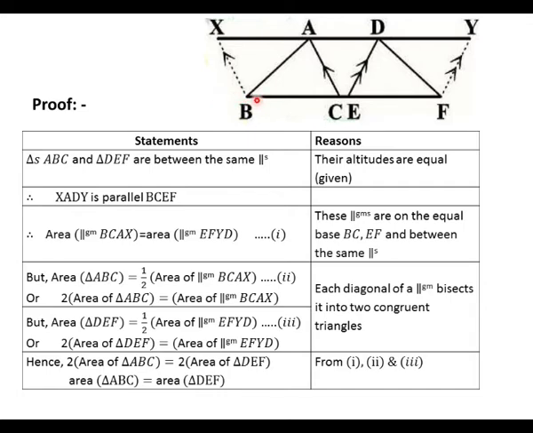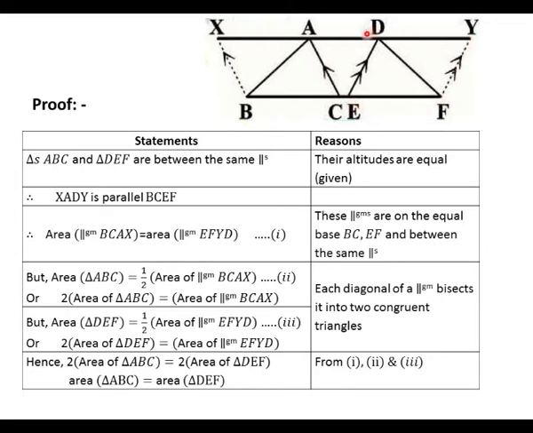So this is BCAX, a parallelogram with the base BC, and EFYD is another parallelogram with the base EF, and we know that BC is equal to EF. Why is BC equal to EF? Because these two are the bases of the given triangles, and it is given in the statement that both triangles are having equal bases. So now we can say that area of parallelogram BCAX is equal to area of parallelogram EFYD.